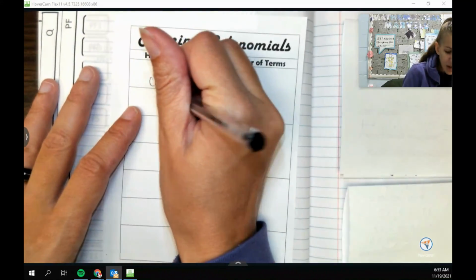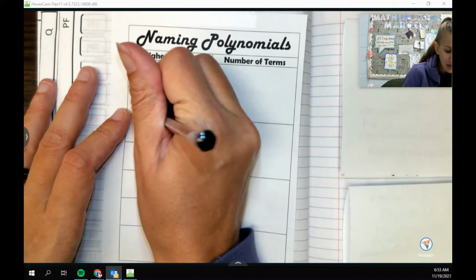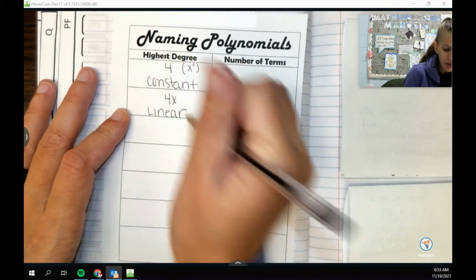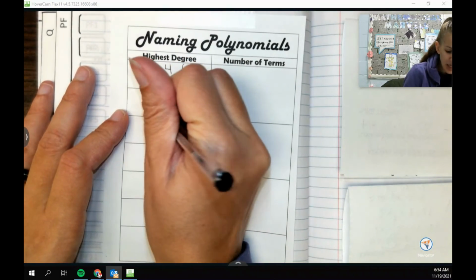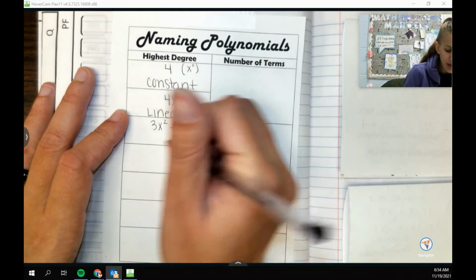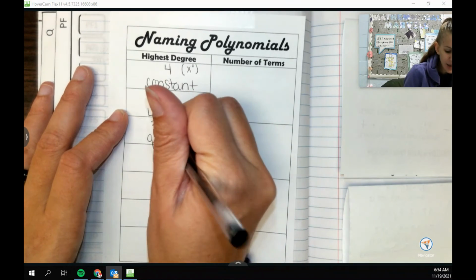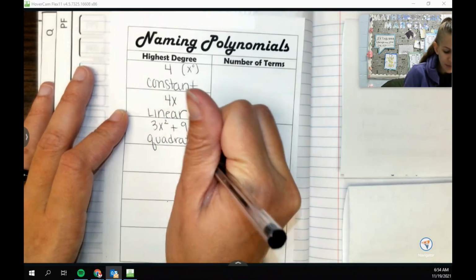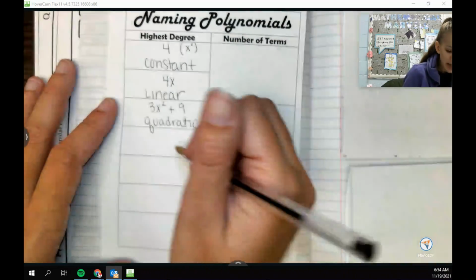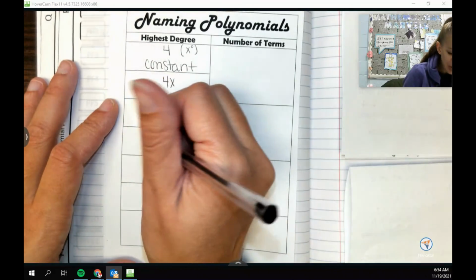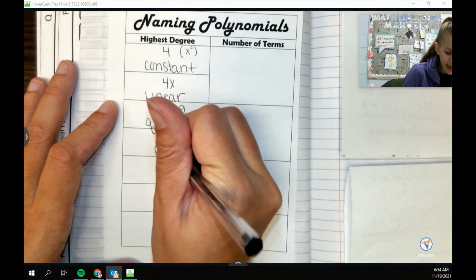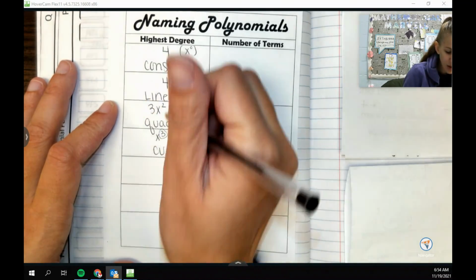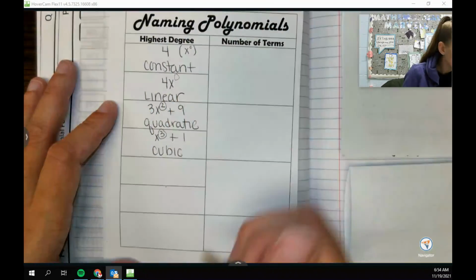If I have an x to the first power, that is linear. If I have something to the second power, that is quadratic. If I have something to the third power, that is cubic. So it's all based on our exponents.